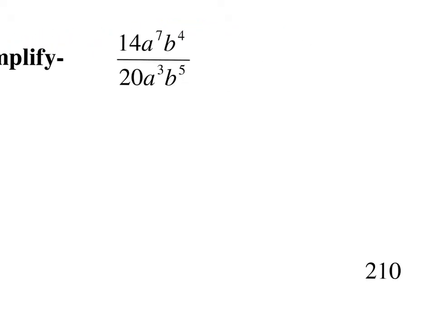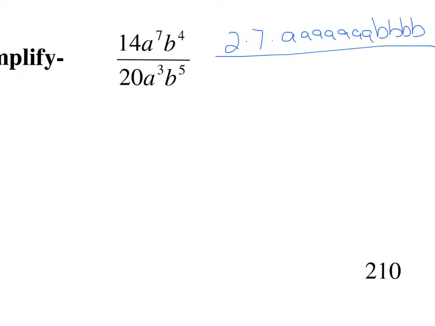So we'll do the same thing with this one. 14 is 2 times 7. We have a to the 7th and b to the 4th over 20, which is 4 times 5, or 2 times 2 times 5, a cubed b to the 5.